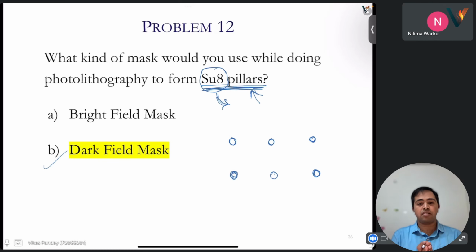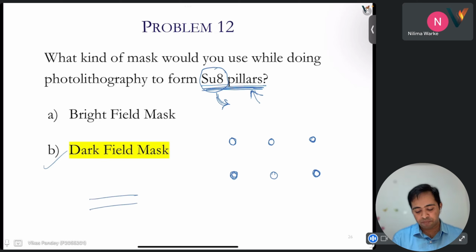SU8, as a polymer, as a resin, has other properties. Even after the whole process is done, it can remain and have some additional functions. Here it is acting as a pillar to give conductivity to the IDE pattern. SU8 is very commonly used for such purposes, and specifically to make a tank-like structure.